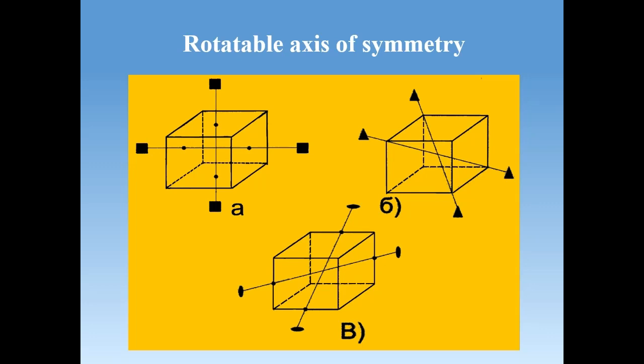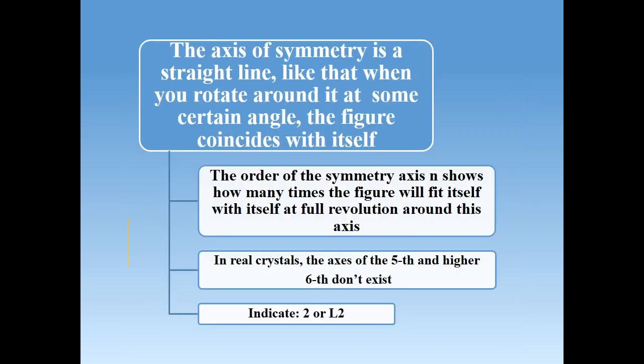Of course, you can see only some axes from all of them, and 4 axes of the 3rd order that are cube diagonals here. And the number shows the order of the symmetry axis.